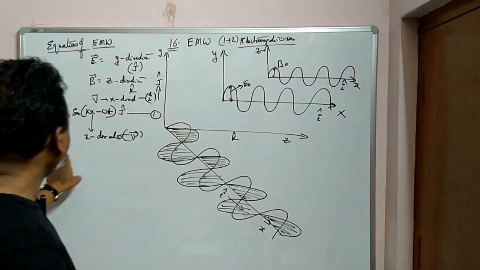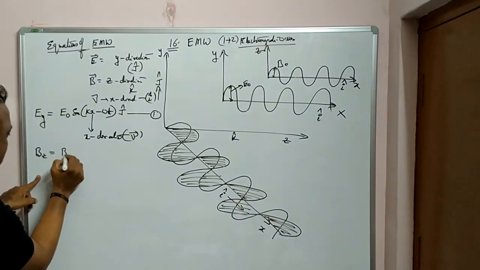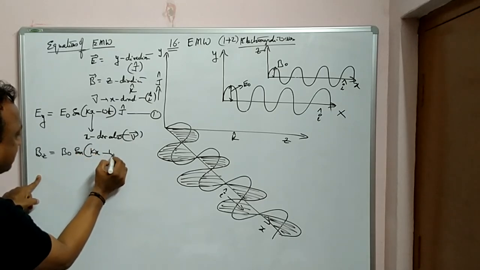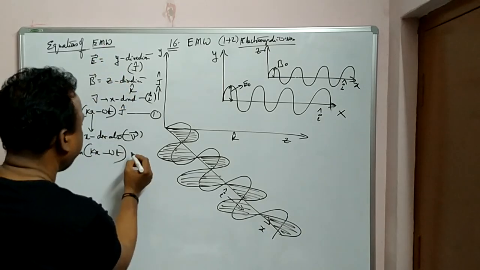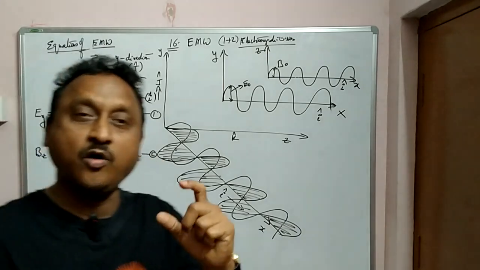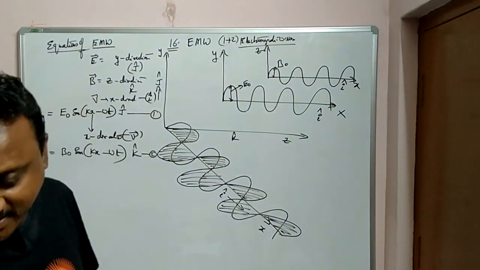So the magnetic field is in which direction? It is in z direction. So Bz is equal to B0 into sin(kx minus omega t). What is the vector here? In which direction is it? Z direction, therefore k cap. Clear? This is how you have to represent it in vector form.